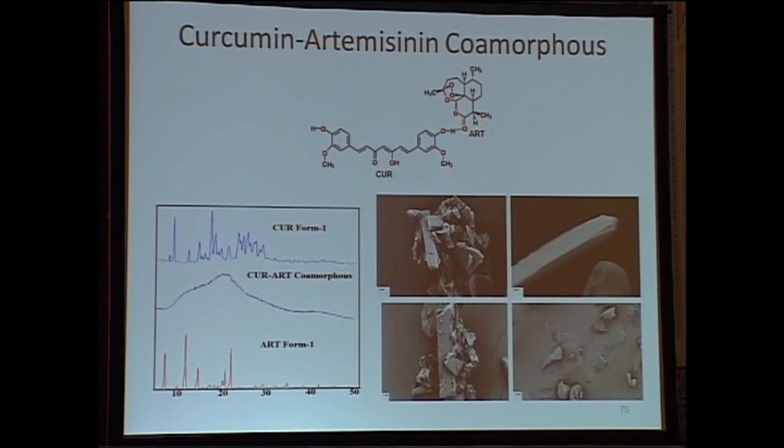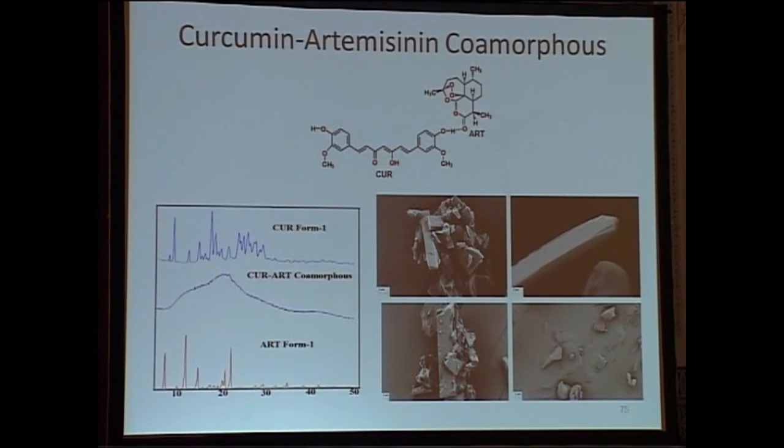Just to update you on the curcumin story, we did follow up after the eutectics by making a combination of curcumin with artemisinin, and here we got something different because the molecules are much bigger and much floppier. We neither got a cocrystal nor a eutectic.